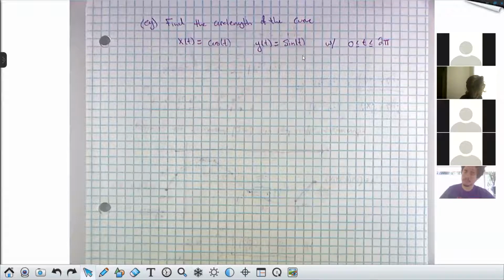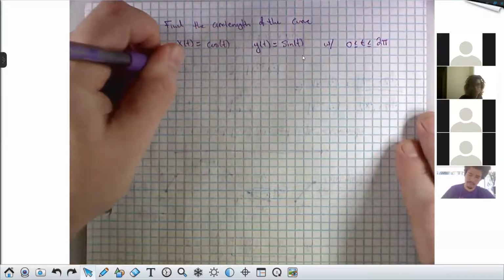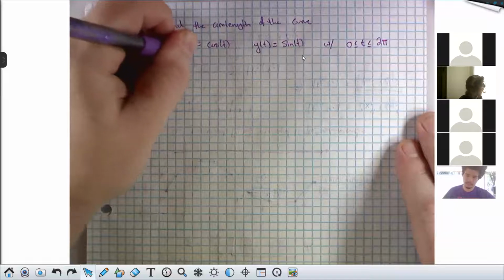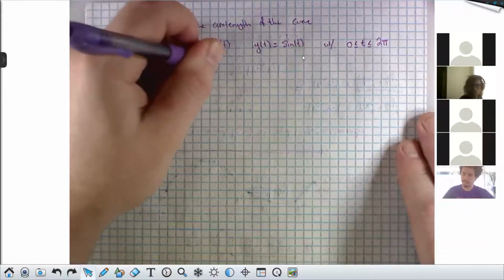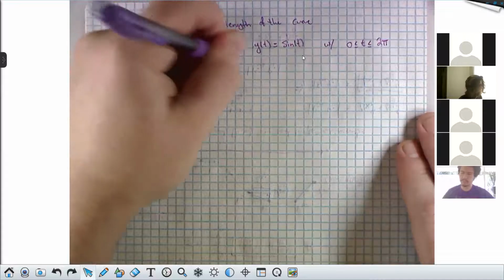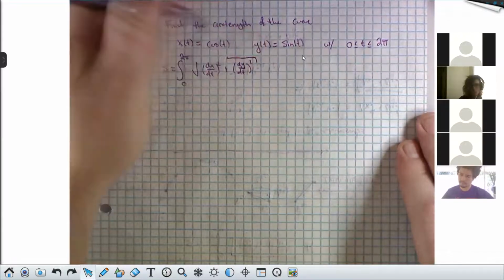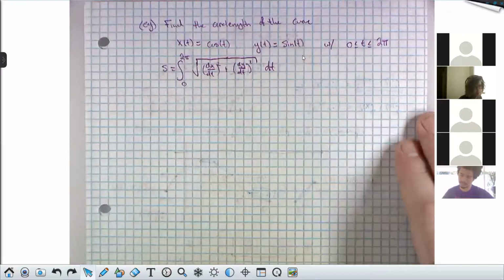The radius of the unit circle is 1, so we expect 2 pi here. Let's do it. This would be the integral from 0 to 2 pi of the square root of dx dt squared plus dy dt squared, dt.